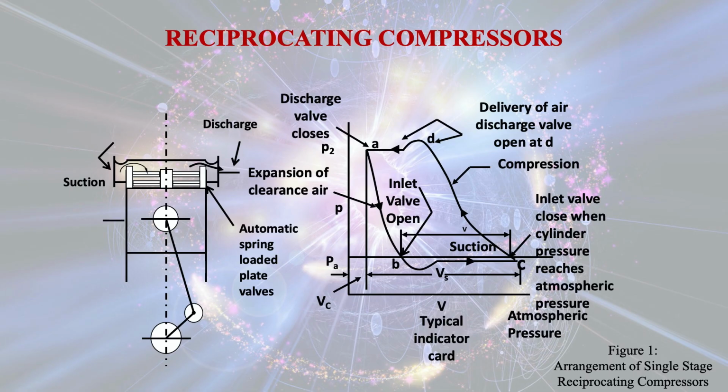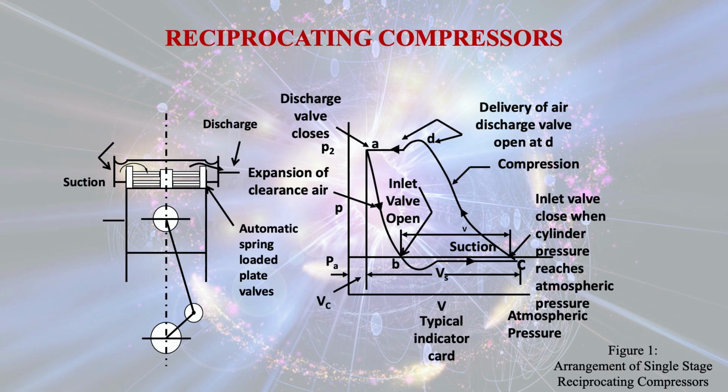After that, the pressure has to be a little bit higher than the discharge pressure so that the gas will enter into the receiving tank. Now at the point A, the piston position is at the clearance volume, and with that volume the high pressure, high temperature air will be there inside the cylinder.